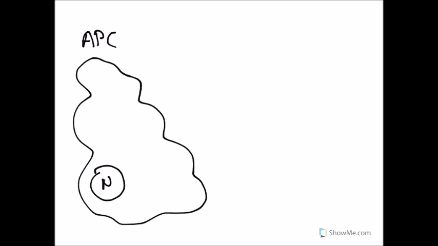Now let's have a pathogen, a bacterium, and let's draw some antigens on it: a circle antigen, a triangle antigen, a square antigen, and an X antigen. Let's do some different antigens.